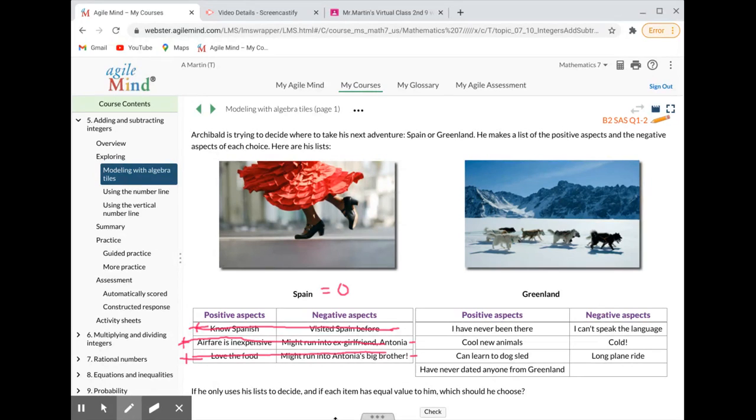All right, let's look at Greenland. Brendan, tell me the positive and negative aspects of Greenland.